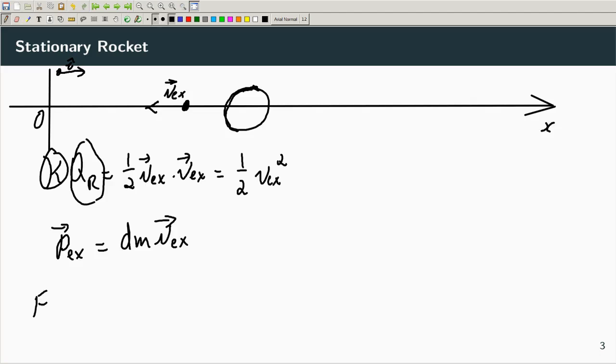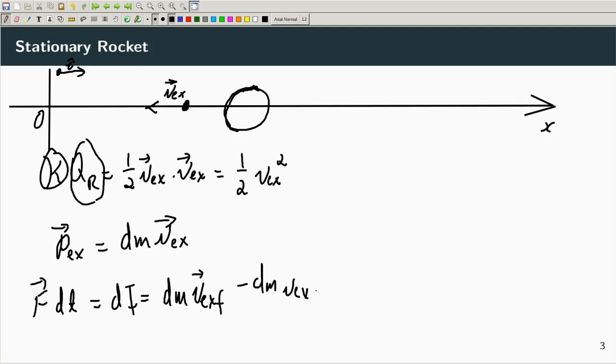So we have the force times some small time period dt is equal to the change in impulse, which is equal to the small unit of mass times the final velocity, take away the initial velocity.